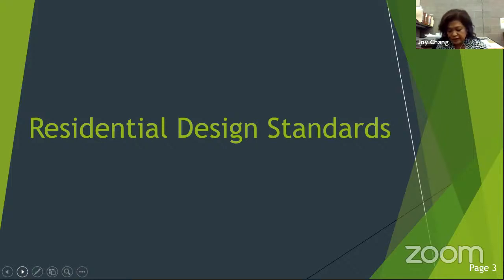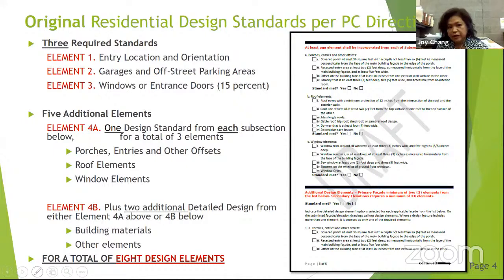To assist in reviewing these design standards, staff has drafted 2 residential design checklists for council to consider as reference points. These were emailed out to you as far as the examples and the proposed codified language.